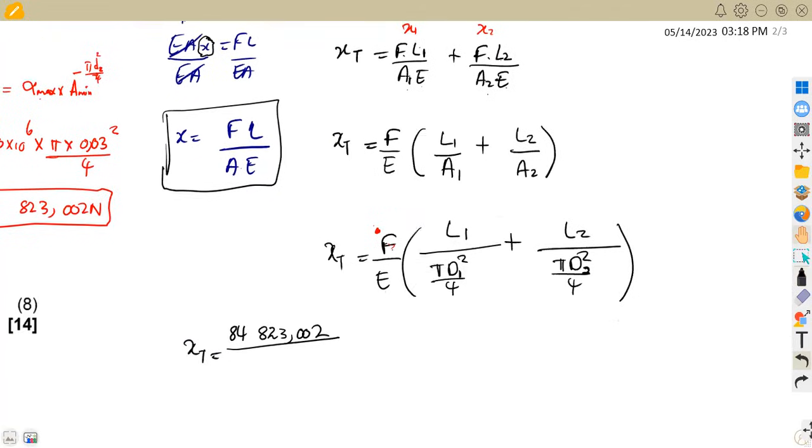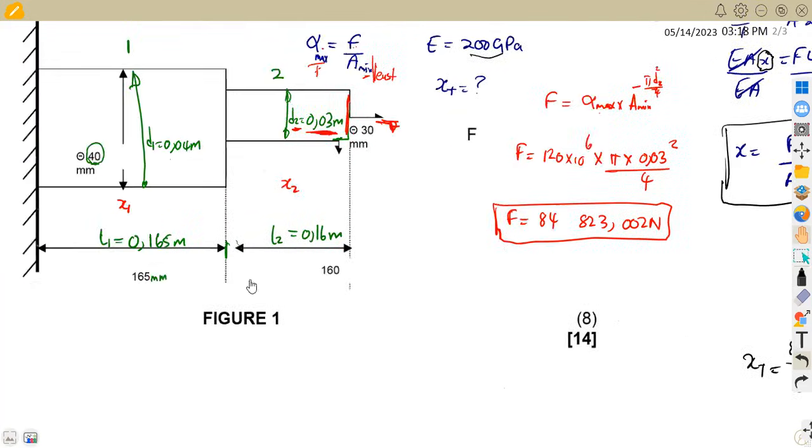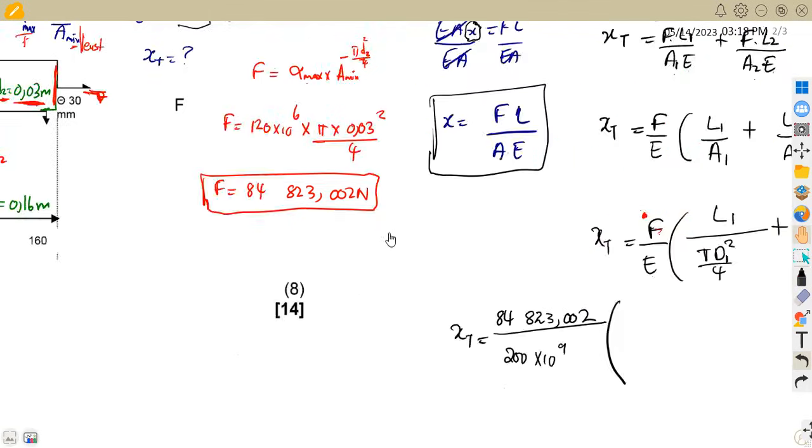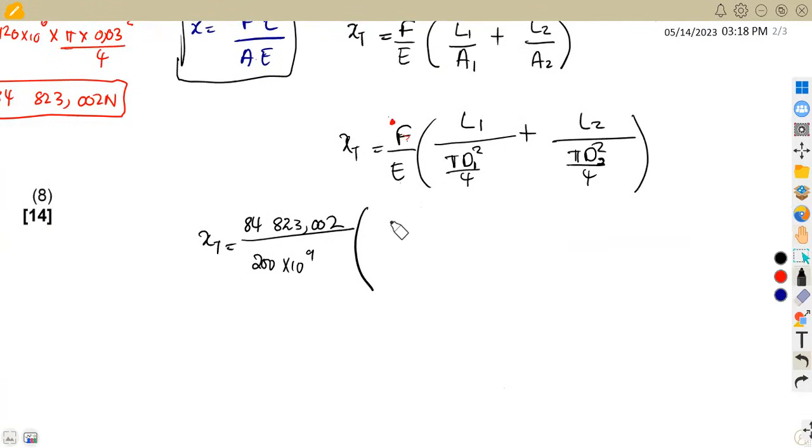So you're going to have this as 200 times 10 to the exponent of 9 for gigapascal. All right, that's everything into length 1, the first length from our diagram here, the first portion here. Our L1 is 0.165. That's our length here, 0.165. So everything is over the area, which is pi d squared over 4.